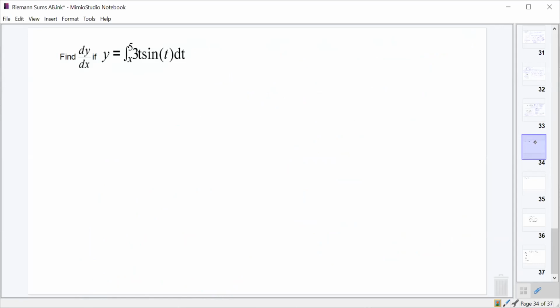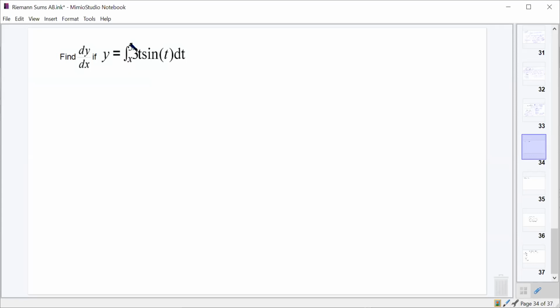Let's do another one. This one's a little bit different. What's going on here? We have multiple terms. Well, there's a 3t sine t. Yeah, and also the constant is no longer in the lower limit, it's in the upper limit, right?